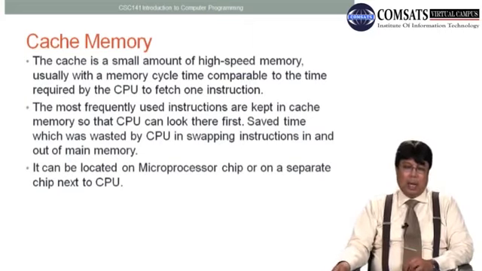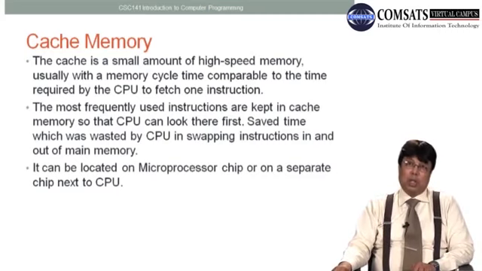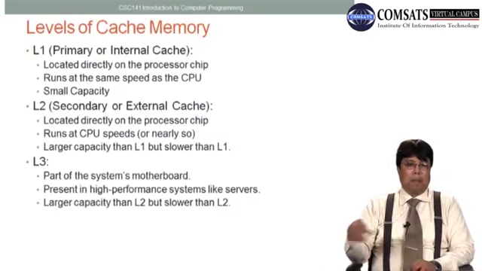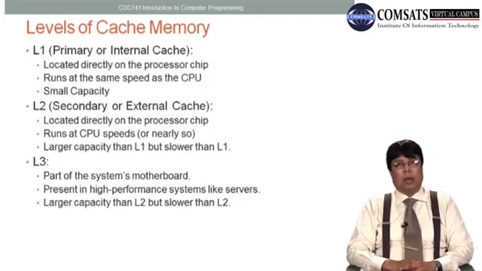As I said, it can be located on the microprocessor chip or on a separate chip next to the CPU, physically connected with the CPU. There are 3 levels of cache. One is called L1, primary or internal cache, located directly on the processor chip.